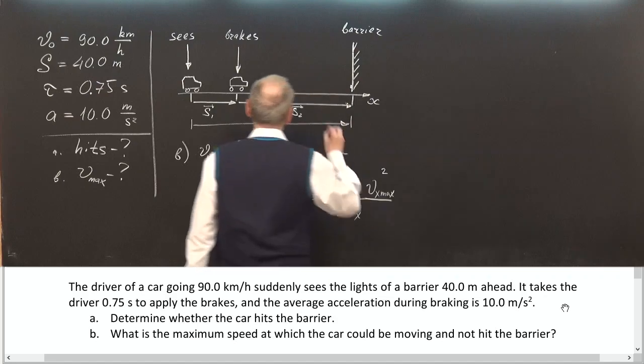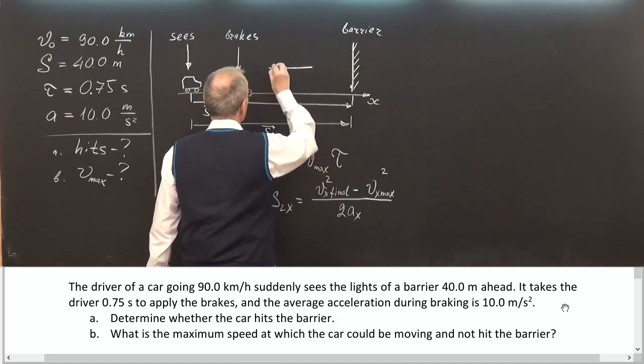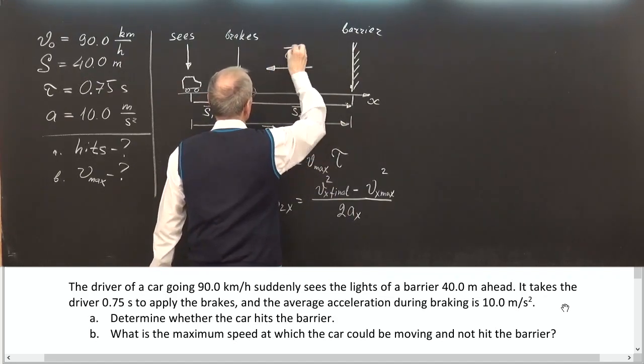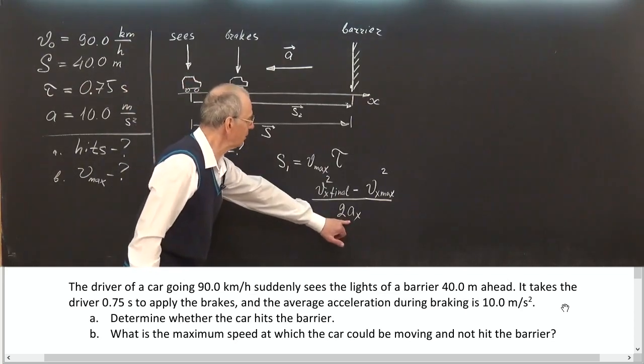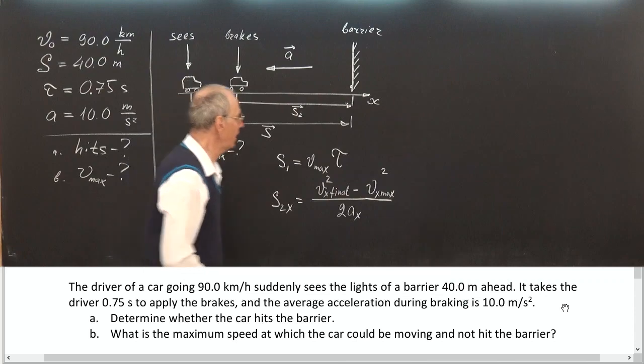A is the vector of acceleration. The x component is minus a.